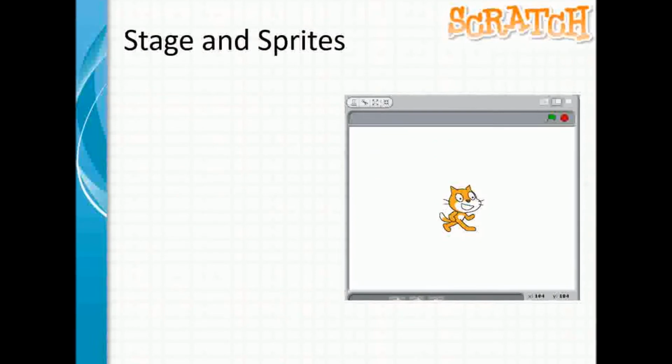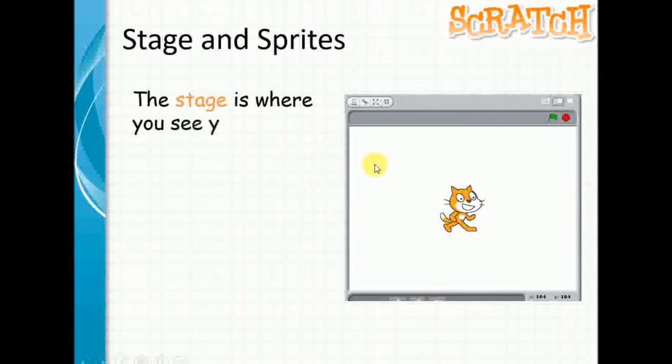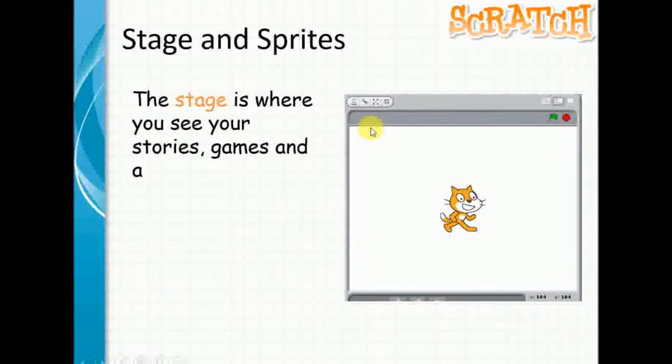The screen on which you are seeing is called the stage, and the character or the cat which you are seeing in that space is the sprite. The stage is where you see your stories, games, and animations come to life.